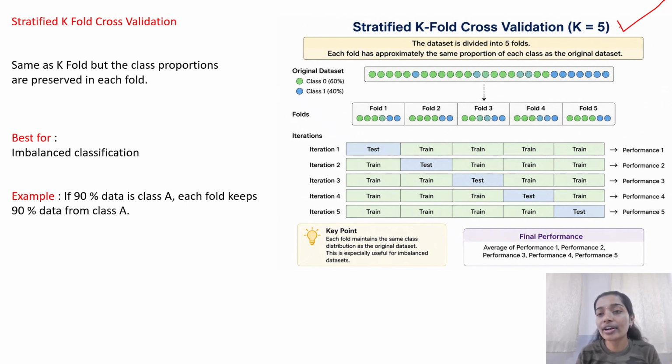The number of iterations will be equal to the value of k, and everything will be exactly the same. Only while making the folds we need to consider that the proportion of all the classes is maintained in the folds as well. This is the only difference. In k-fold we don't consider any proportion, we simply split the data set. And this is stratified k-fold cross validation.